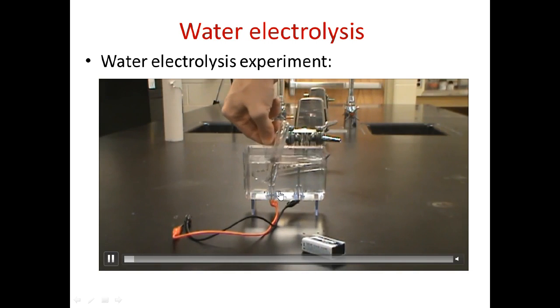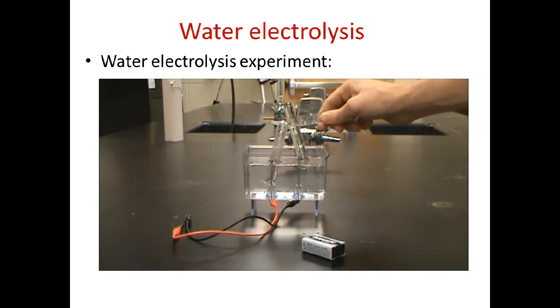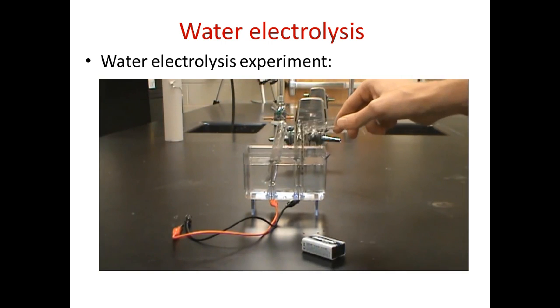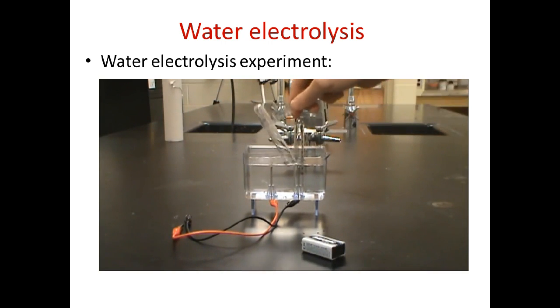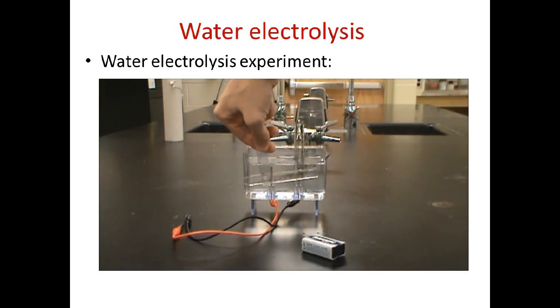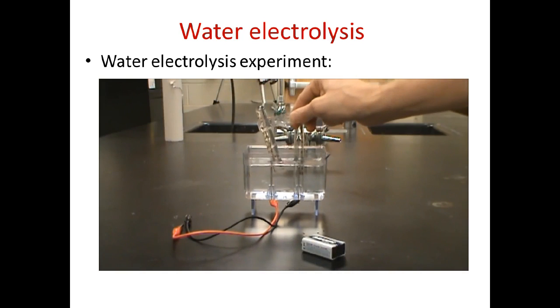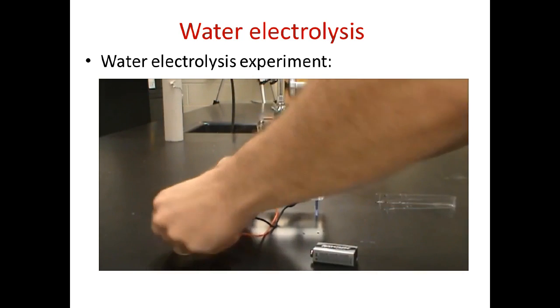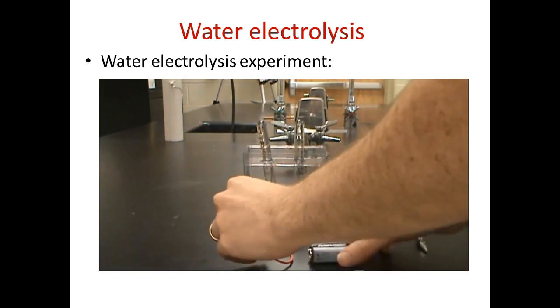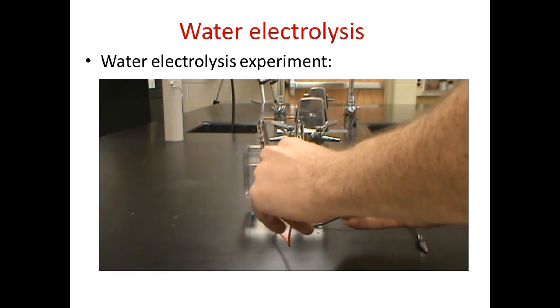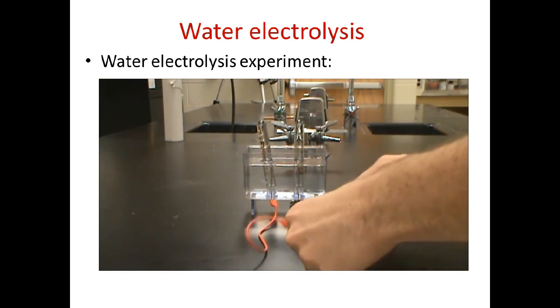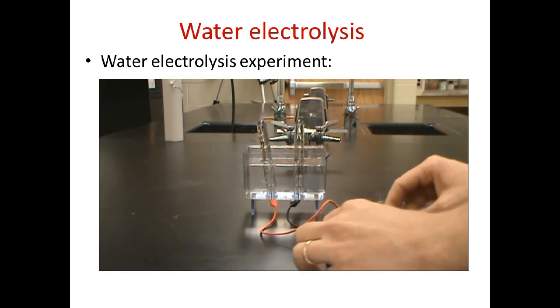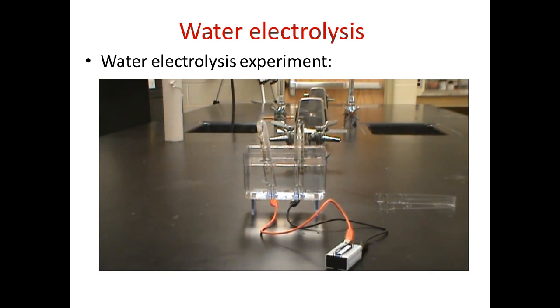There are two types of poles, which are anode and cathode. Okay? Anode is the positive pole and cathode is the negative pole. We will observe that oxygen evolves at the anode because anode is the positive pole and oxygen has high electronegativity, so it evolves at the positive pole, and hydrogen evolves at the negative pole.